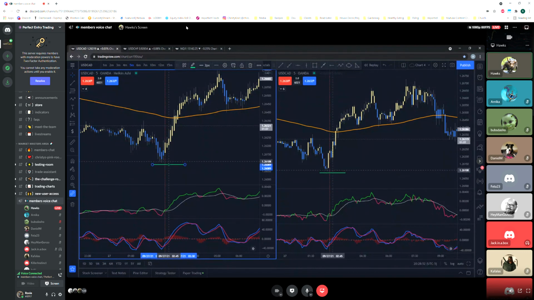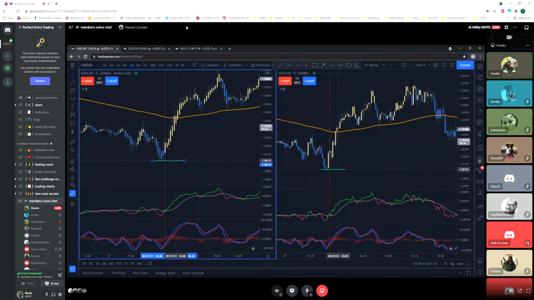As price starts to move up, I trade off TradingView. I can connect with my broker right on TradingView, and you can manually move the stop loss.